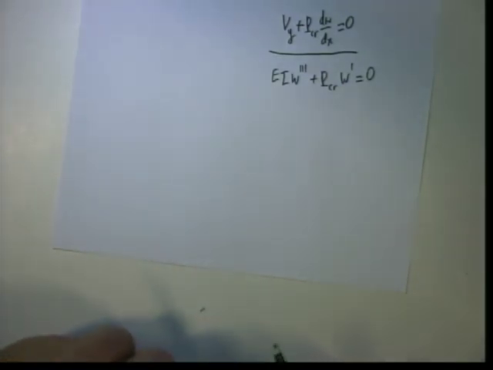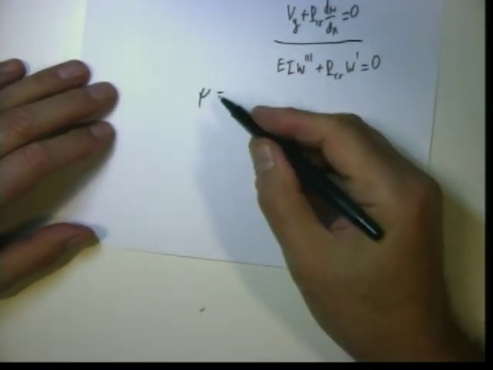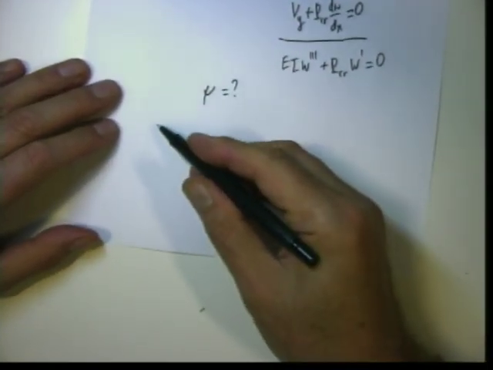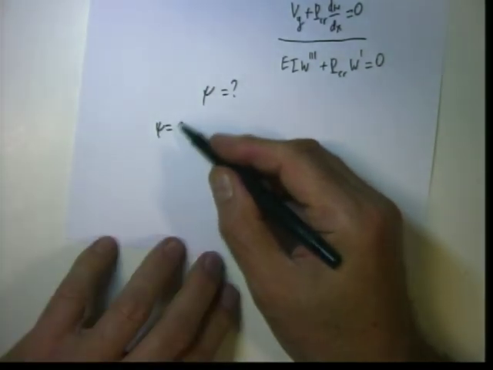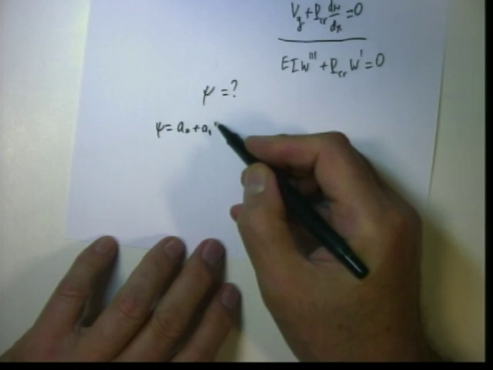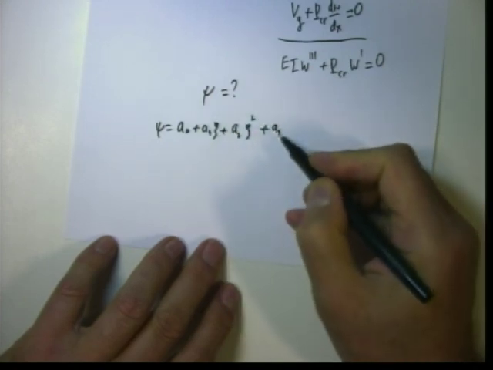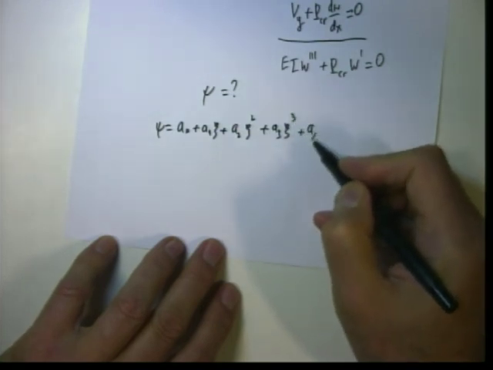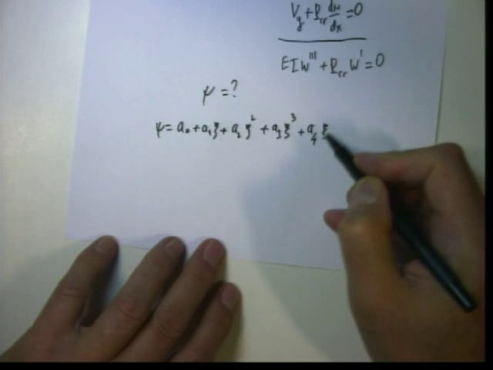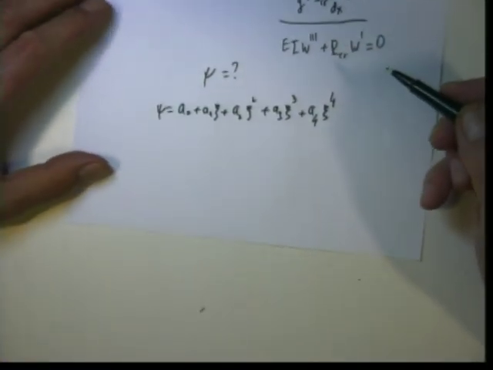Now we want to find some psi. So psi will be like this. Look at this. A0 plus A1 psi plus A2 psi squared plus A3 psi cubed plus A4 psi in fourth power. Let us talk about a fourth order polynomial first.